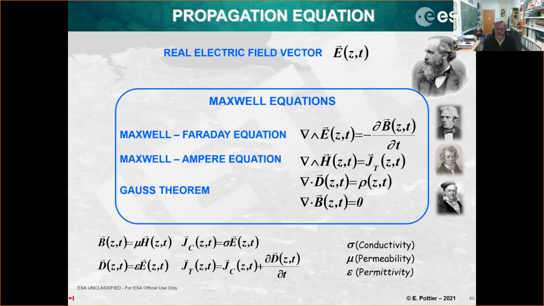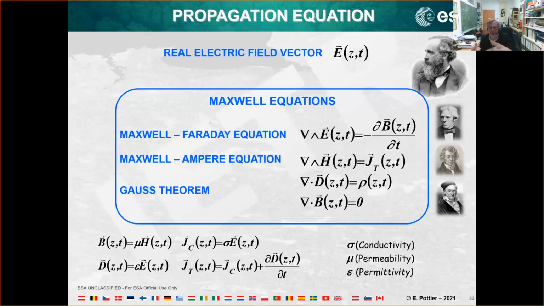Okay, so as I said during one of my previous slides, Maxwell is our God because he was the first who was able to take all the different equations provided by Faraday, by Ampere, or by Gauss, which describe the different relations between the electric field and the magnetic field, etc., to create what we call the Maxwell equations, which are here.